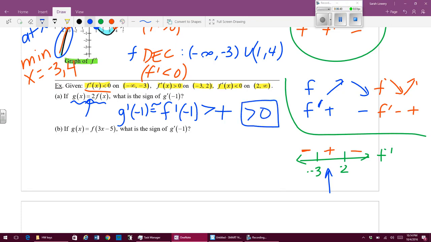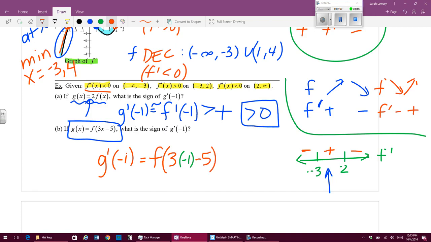Okay? For part B, it says, I now am going to say g of x equals f of 3x minus 5, and it wants to know what is g prime of -1. Well, if I plug -1 into this expression, I have f of 3 times -1 minus 5.